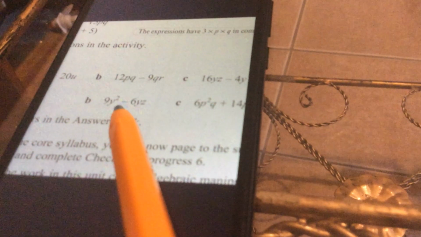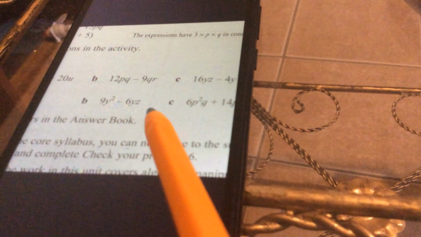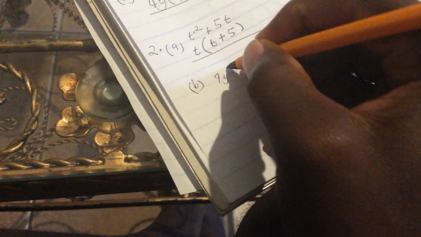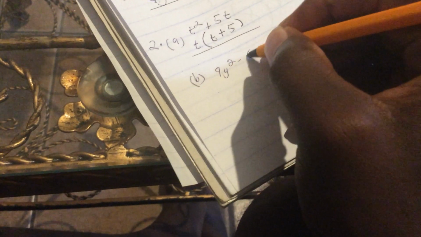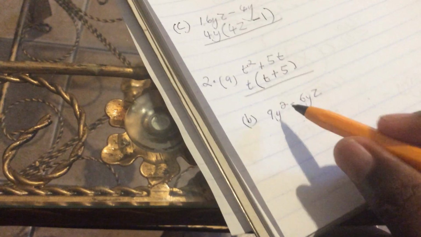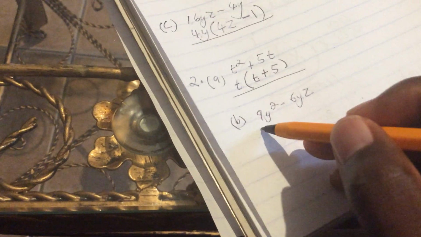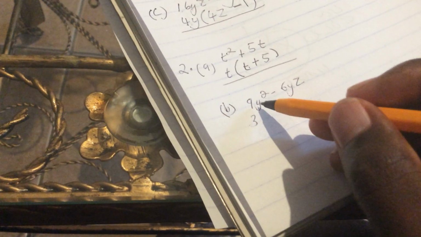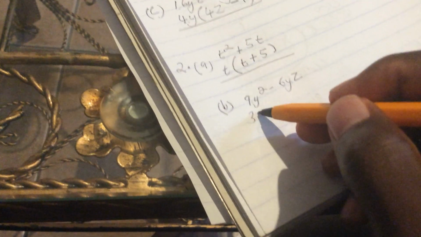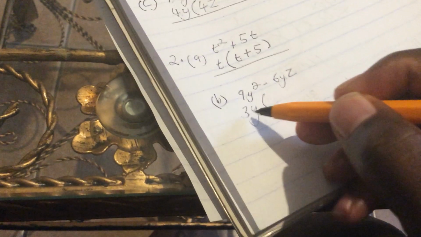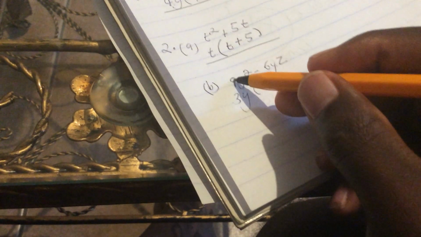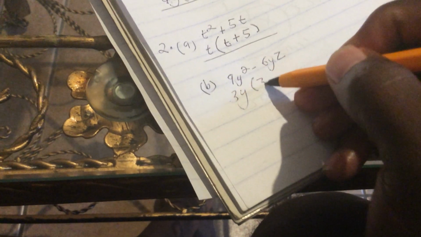Here is B. It's 9y squared minus 6yz. What's the highest common factor between 9 and 6? It's 3, and what's the common variable between y squared and yz? It's only y. In brackets, how many times does 3 go into 9? It's 3 times.